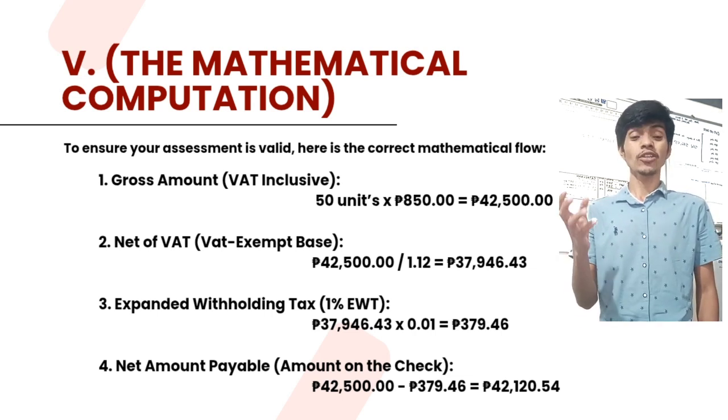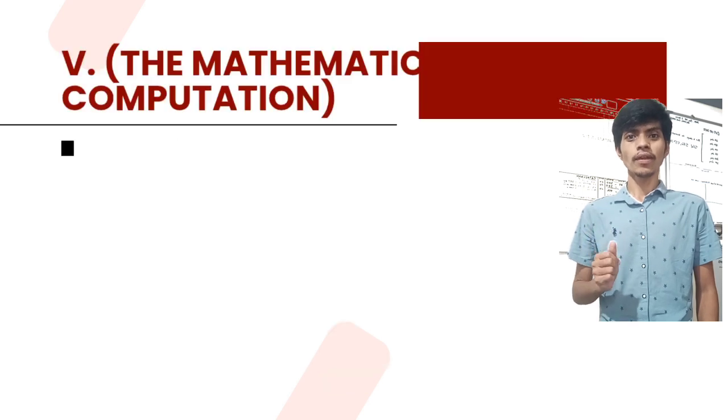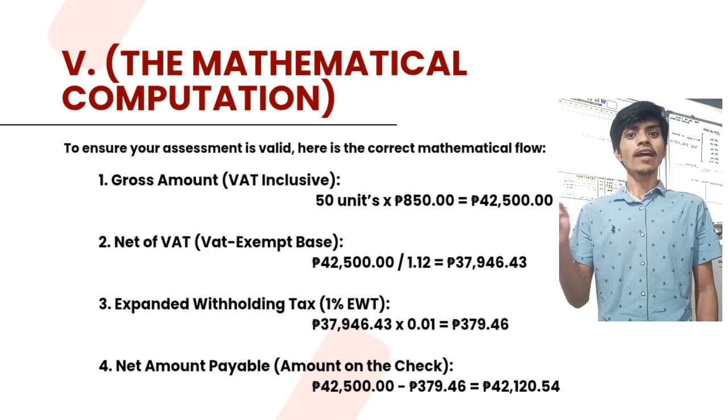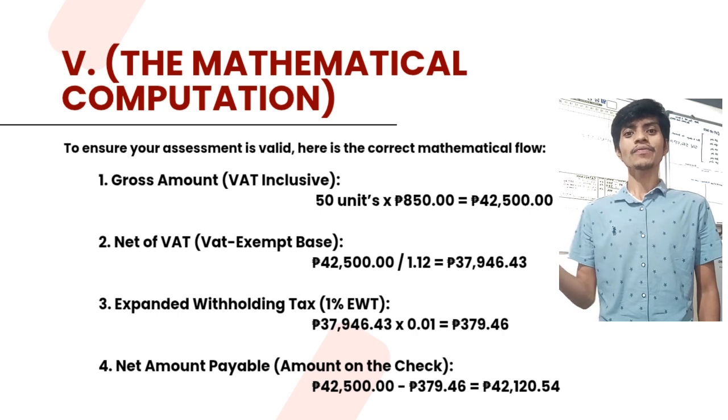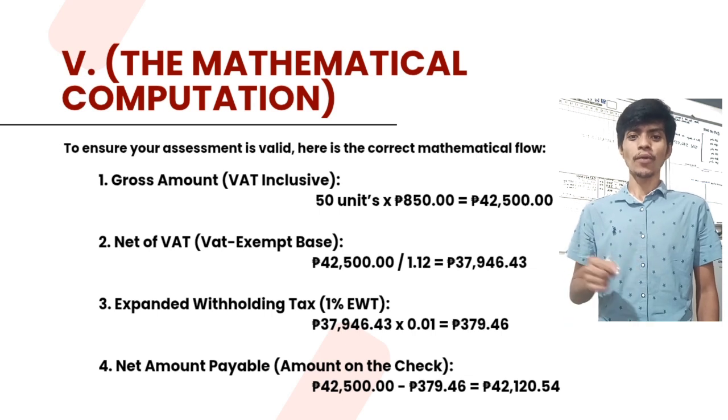How can we compute it? The net of VAT, 42,500 divided by 1.12, equals 37,946.43. This 37,946.43 times 1%, or 0.01, is equivalent to 1%, and the total amount is 379.46.